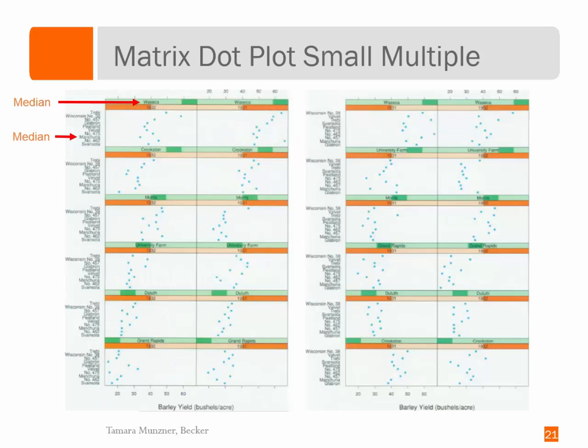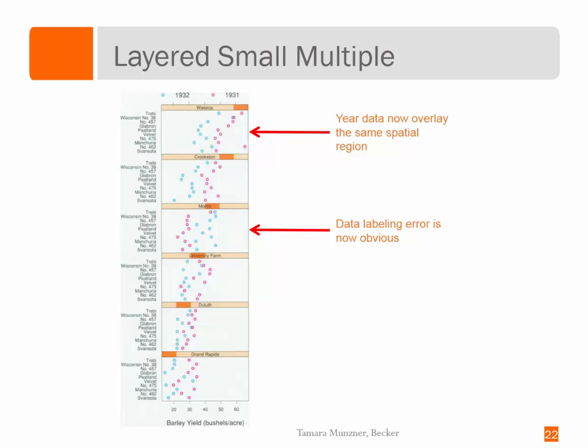In the previous view, we had two different columns for the years 1931 and 1932. In this view, instead of using two different columns side by side, we've used color encoding for the measurements of each year. For 1931, we've used a color encoding of pink. For 1932, we used blue.